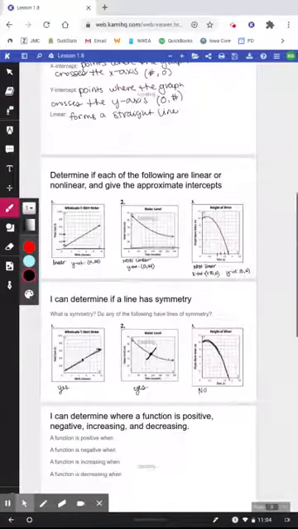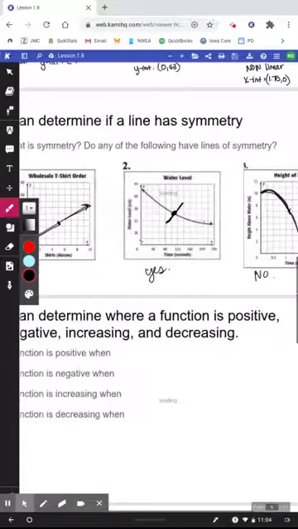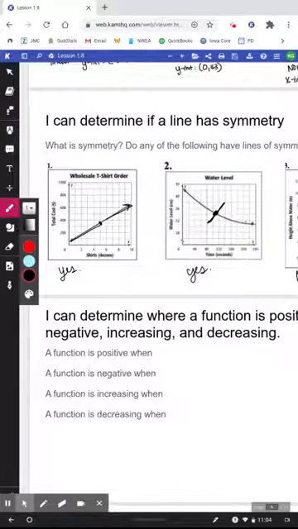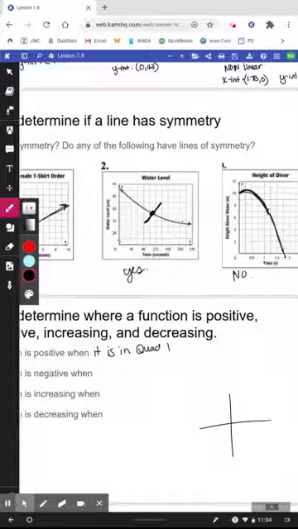Next thing, determine where a function is positive, negative, increasing, and decreasing. So a function is positive when it is in quadrant 1. So remember our quadrants from last week: quadrant 1, quadrant 2, quadrant 3, and quadrant 4.